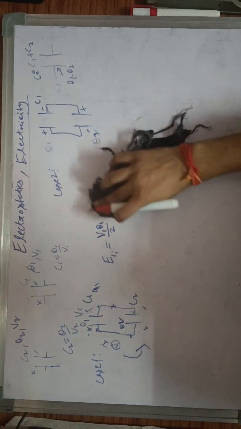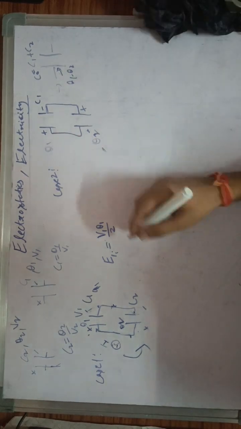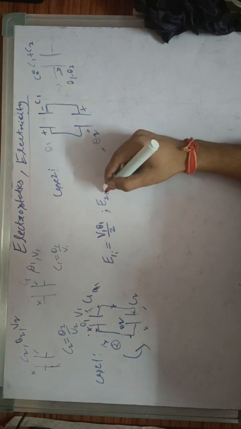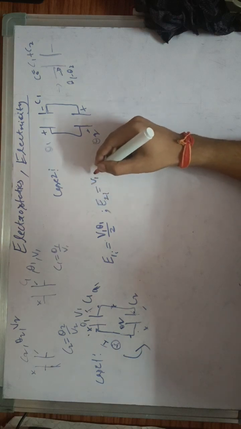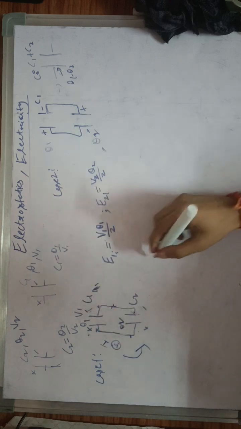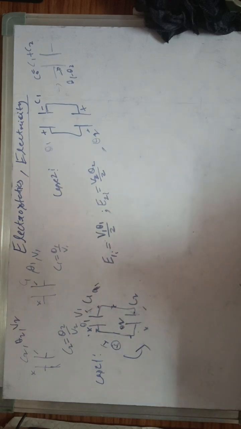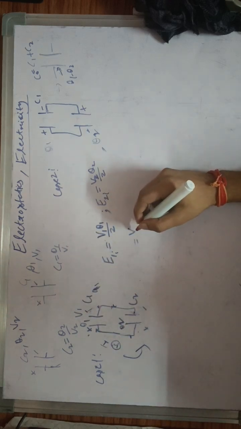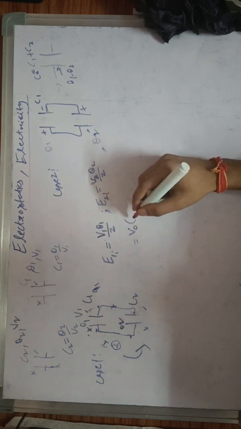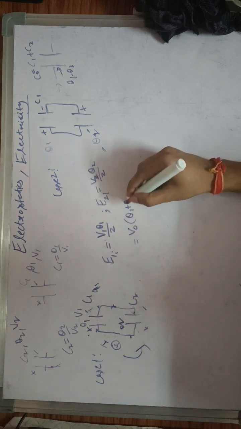Let's say they get added, this capacitor 2 will have initially V2 Q2 by 2 energy, and when they get combined parallelly they give an energy equal to V0 bracket, the total charge is conserved, which is Q1 plus Q2.